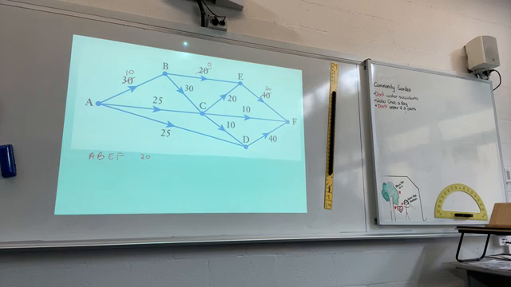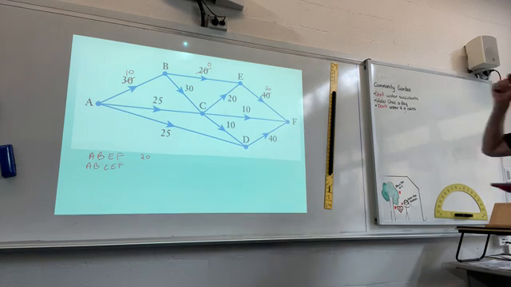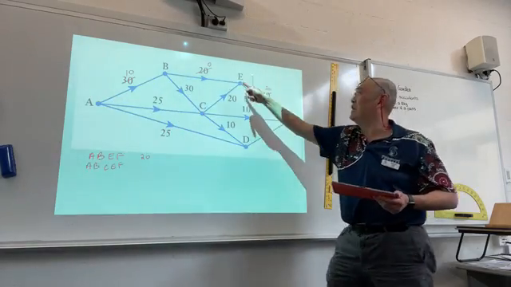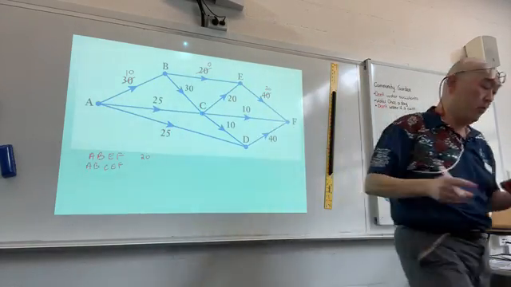Now, next. Since I cannot use BE anymore, I can use A, B, C, E, and F. Correct? So A, B, C, E, and F, which is this bit here. That is already gone. I can't use it anymore.